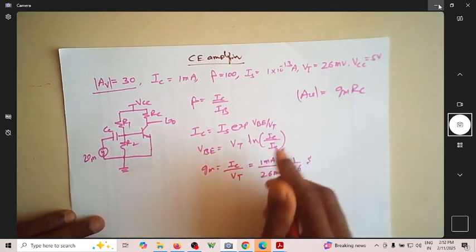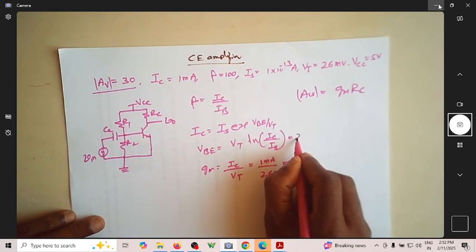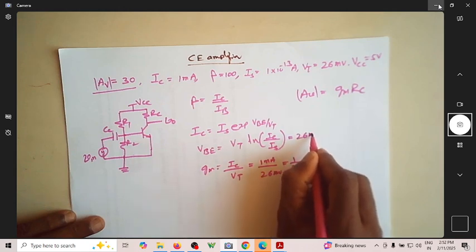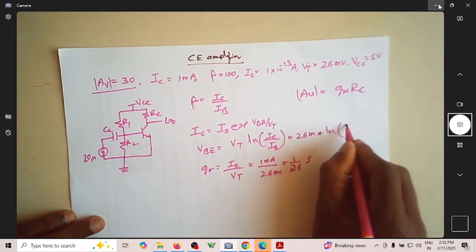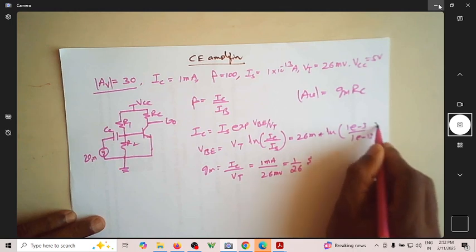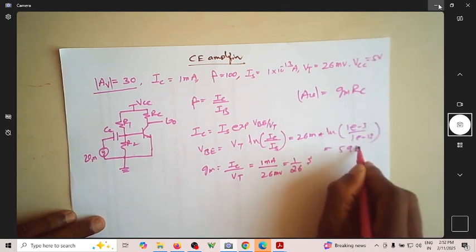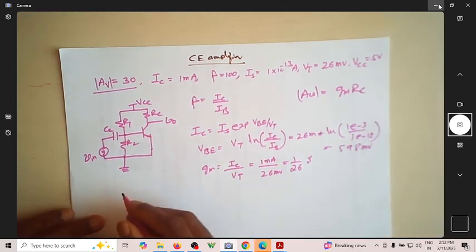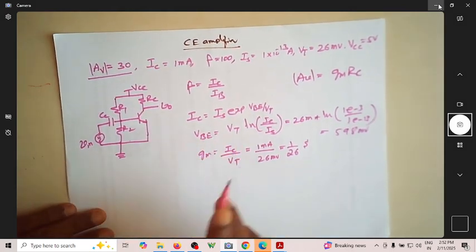Of course, we already know that if you substitute 26 milli into ln of 1 e power minus 3 by 1 e power minus 13, it happens to be 598 millivolt. So this is VBE.